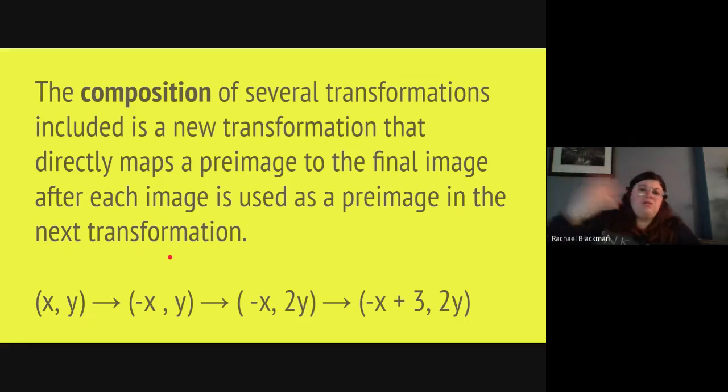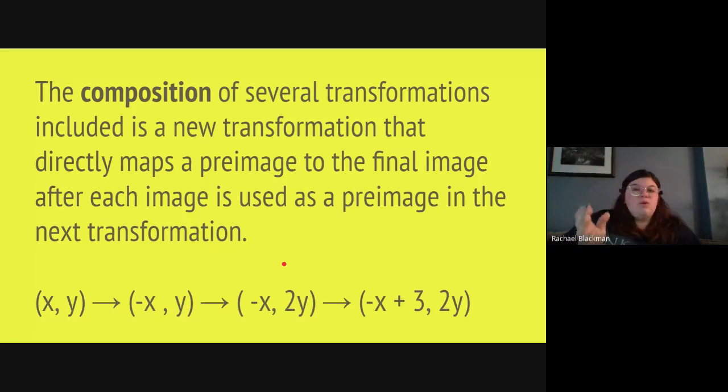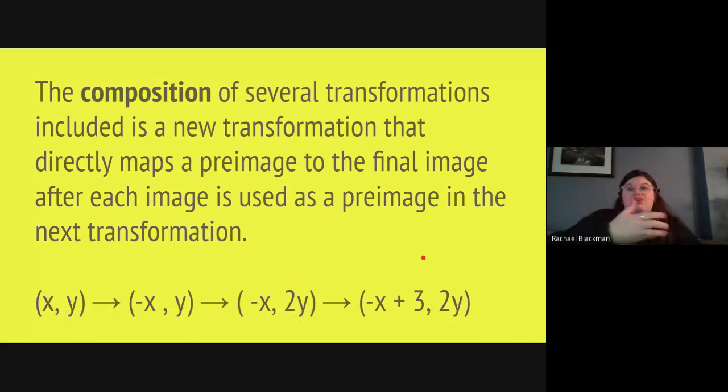That was a reflection across the y-axis. Then we take that last point (-x, y) and multiply our y-coordinate by 2. Now we have that reflection across the y-axis and a vertical stretch. And then let's take that point and add 3 to our x-coordinate. That shows a translation to the right 3 units.